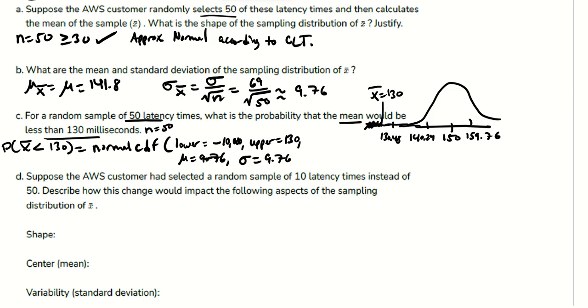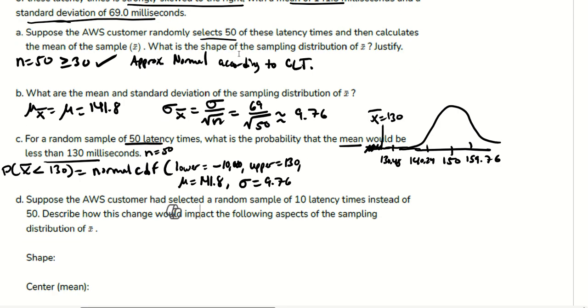Or no, our mu is, I'm sorry, I got the wrong thing here. 141.8. Or did I mess up the number here? I don't know how I got 150. How did I get 150 there? 141.8. I'm sorry, guys. 141.8. I have no idea. Sorry about that.